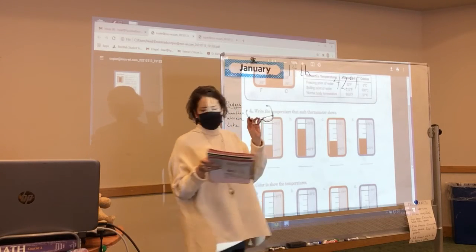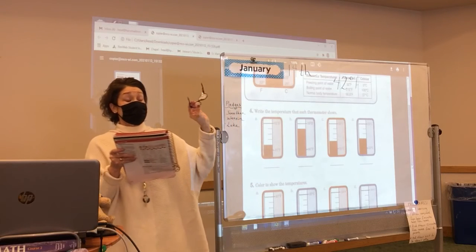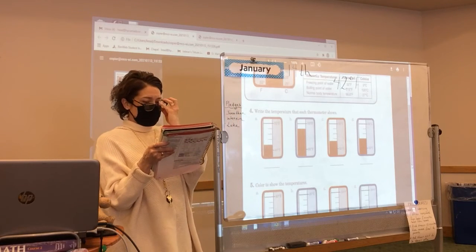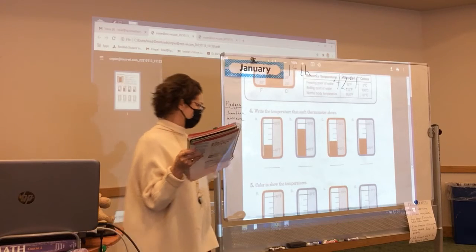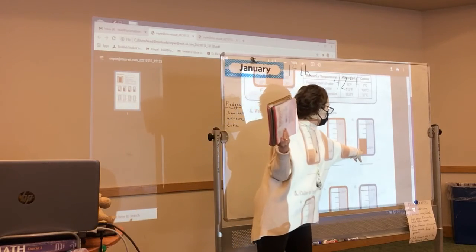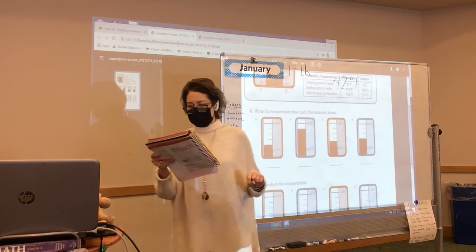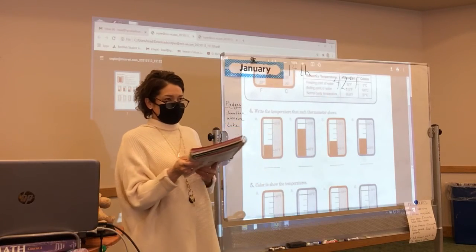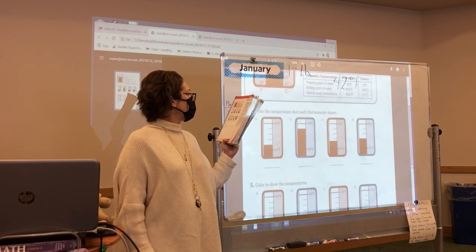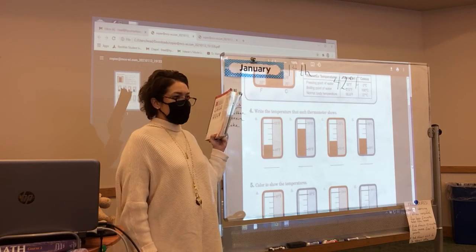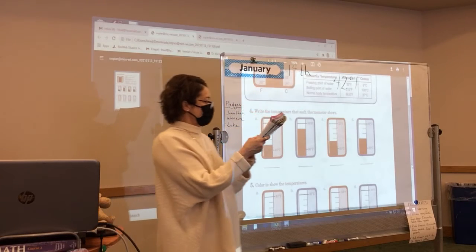Is it degrees Fahrenheit or degrees Celsius? It will say so on the thermometer, so you have to look at the thermometer. What about D, friends? Luke. 54 degrees Celsius.